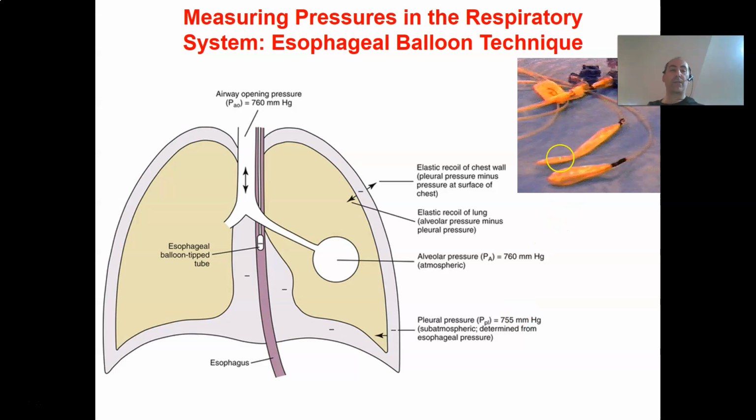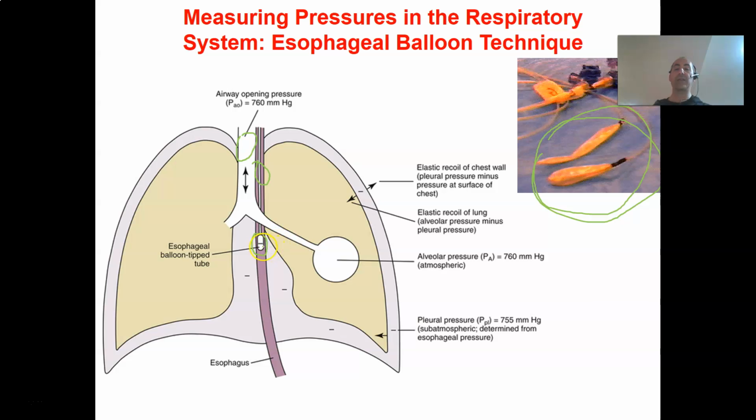This is an esophageal balloon. It is a piece of equipment that you can insert into the esophagus of an animal, including a human, and inflate it. And it can give you the ability to measure different kinds of pressures, because this is the trachea and this is the esophagus, and the esophageal balloon is down here.